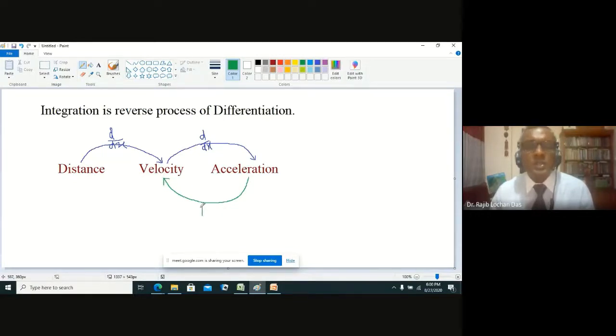So if we do integration, that means we are doing the opposite of differentiation. From acceleration you can come back to velocity, and from velocity you can come back to distance. This is the understanding of integration.